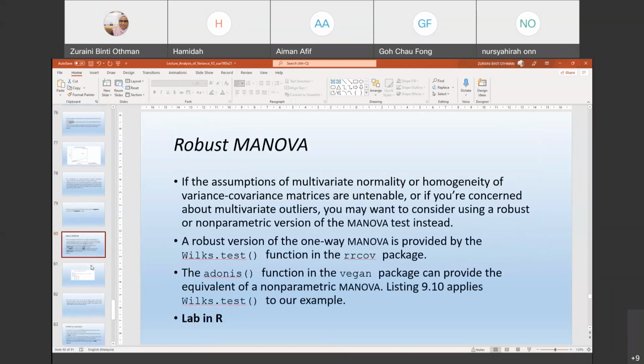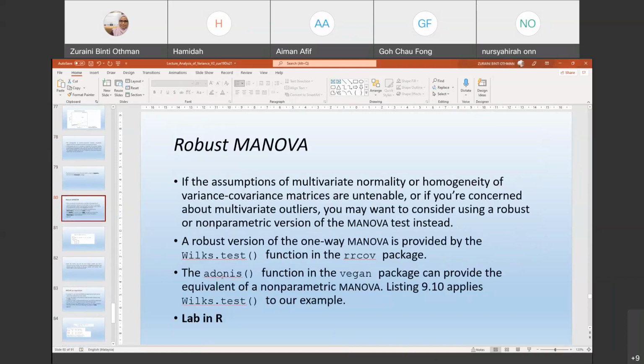And this is the robust MANOVA. If the assumption of multivariate normality or homogeneity of covariance matrices is untenable, or if you are concerned about multivariate outliers, you may want to consider using a robust or non-parametric version of the MANOVA test instead. This is a function for a robust version of one-way MANOVA.